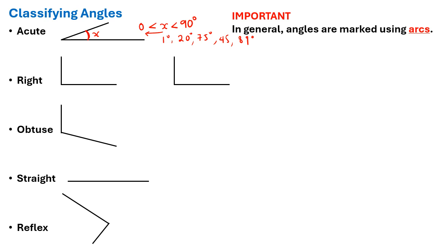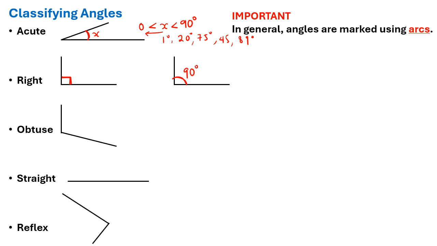So let's go ahead and look at right angles. Right angles are angles that are exactly 90 degrees. We represent that using a square box. If you ever see this notation, it represents a 90-degree angle. Some other time it can be marked as an arc, but they would write the value 90.